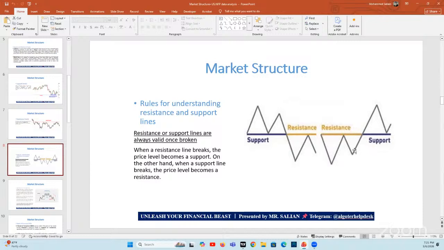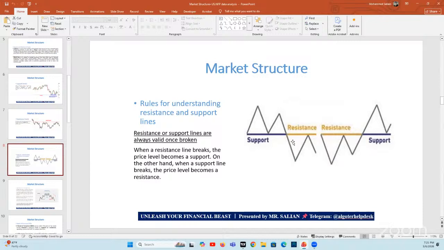So a resistance line breaks, it's now acting as a support like that. On the other hand, when a support line, okay, breaks, okay, there's a breakage, the price level becomes a resistance. You see, it will retest this. When we say retest, it will retest whichever, a support or a resistance line. So it will retest there.